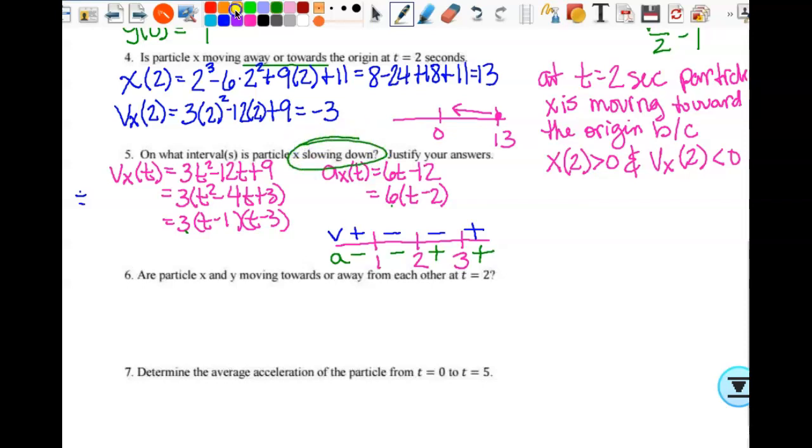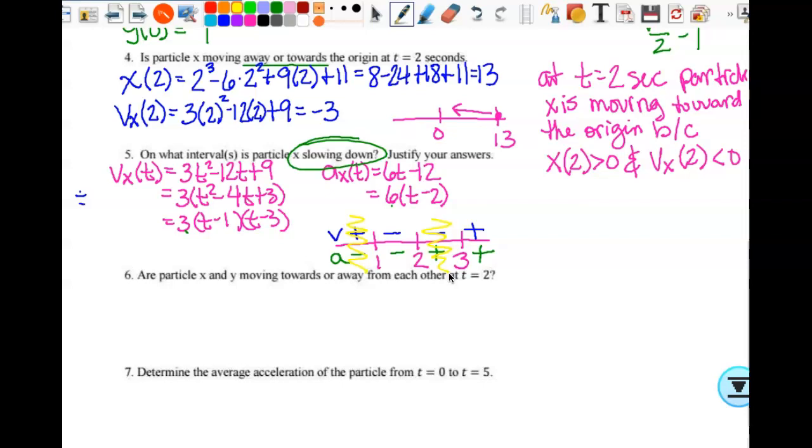So slowing down is when velocity and acceleration have what kind of signs? Same or different? Different. Okay, so the signs are different here, and they're different here. Okay. Make sense?